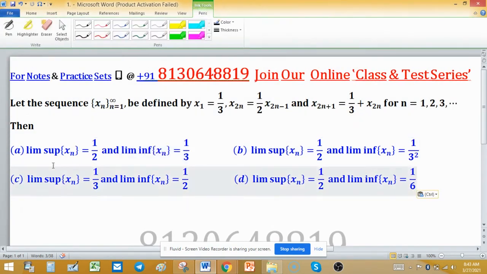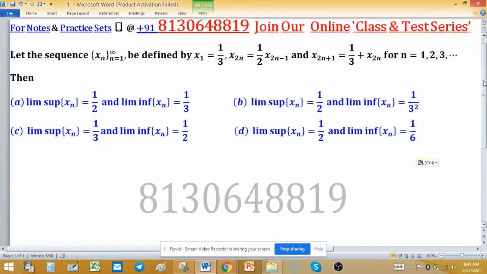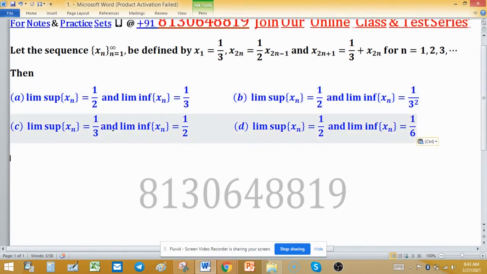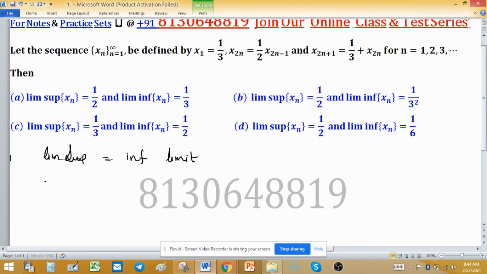So first we compute the limit superior and the limit inferior for this particular sequence. Limit superior is the infimum of all limit points, and limit inferior is the supremum of all limit points.